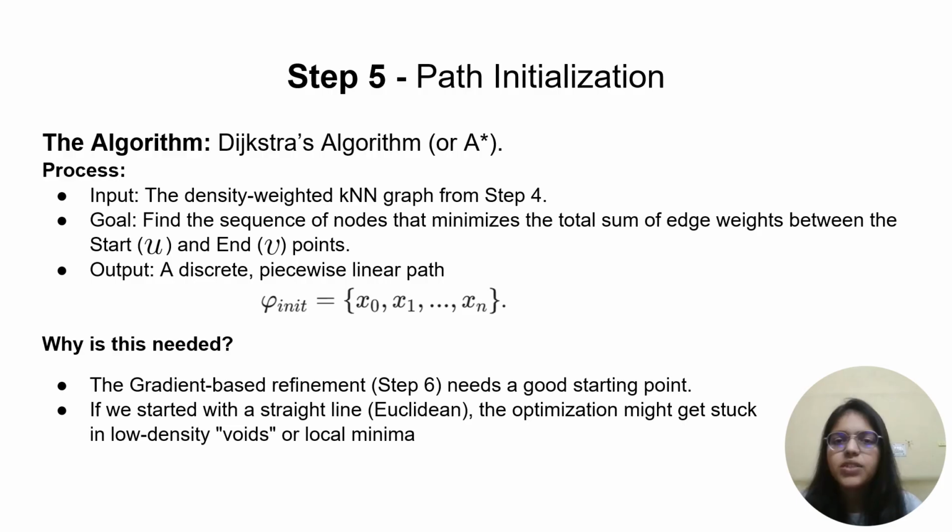The optimization, which is guided by the density gradient, would then have no strong force to pull it back onto the manifold, and it would get stuck in a local minimum. Dijkstra's algorithm solves this. It gives us a topologically correct starting sequence, ensuring that we begin in the high density neighborhood, which is the necessary prerequisite for our final smoothing step.